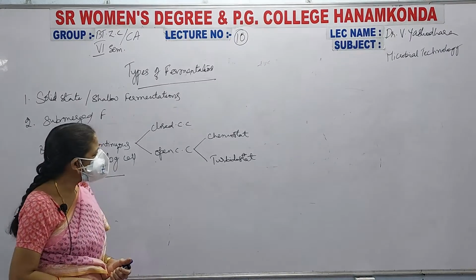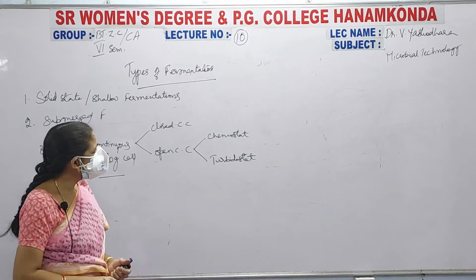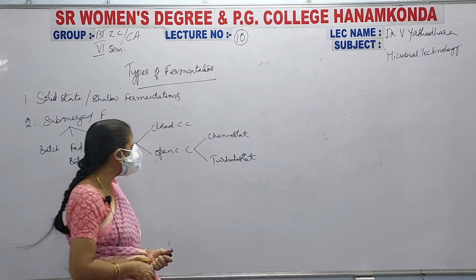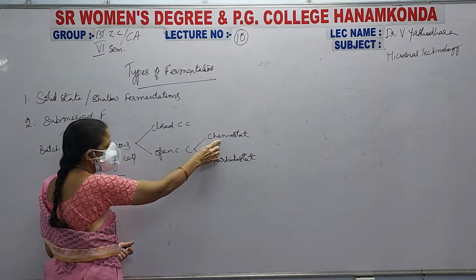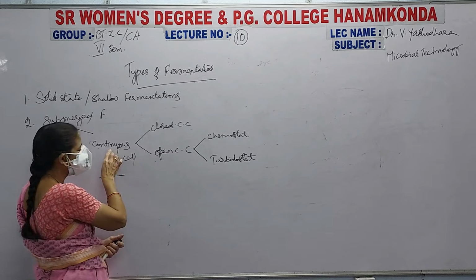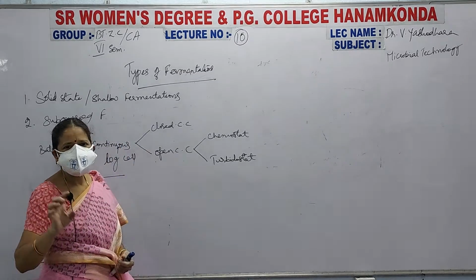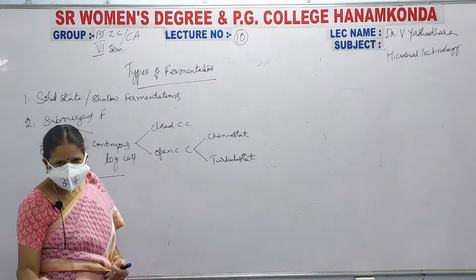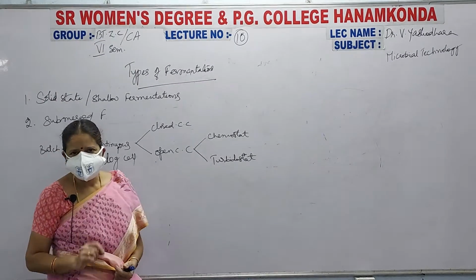Now what is chemostat? I think you won't be remembering. Chemostat is an open continuous culture system. This helps in maintenance of log phase cells continuously. It is known as open continuous culture system, that is chemostat.